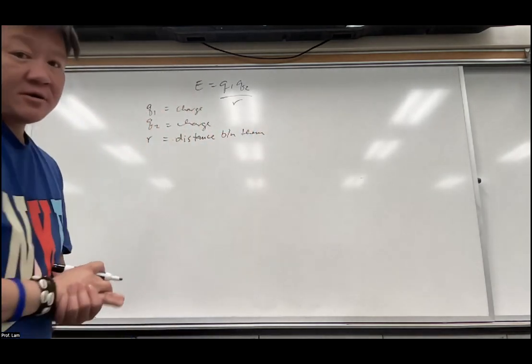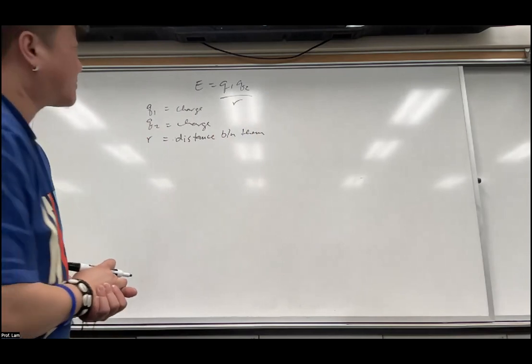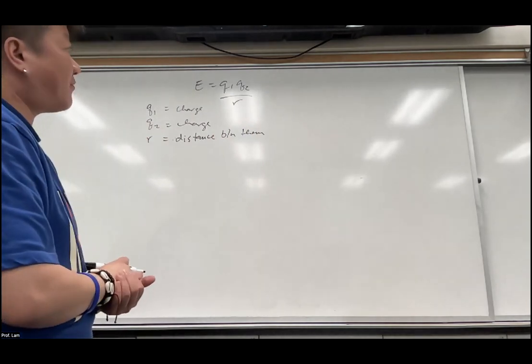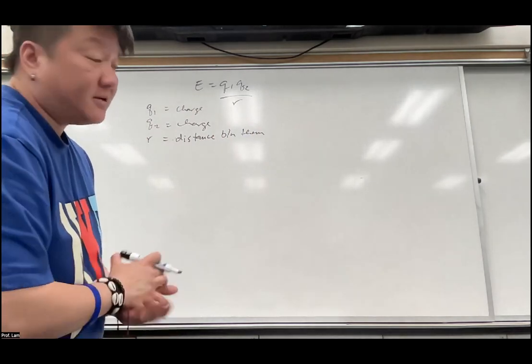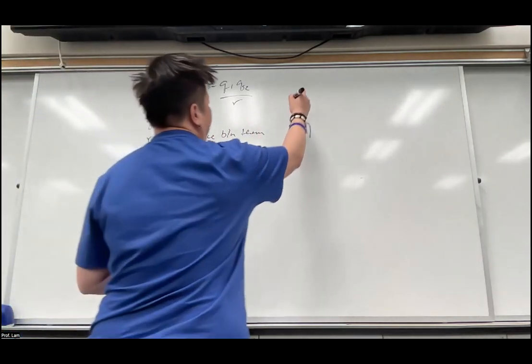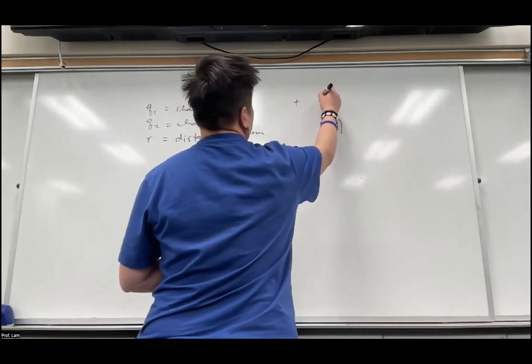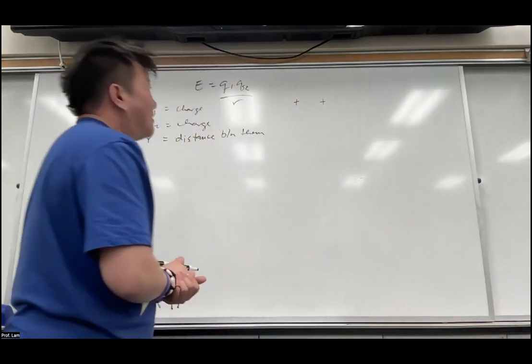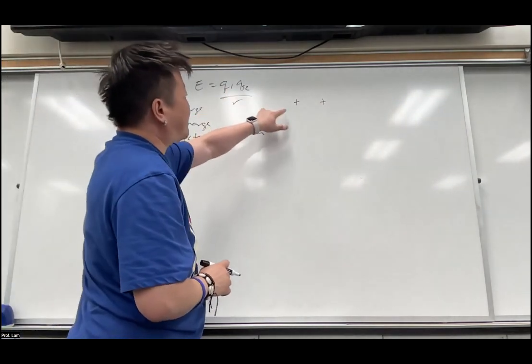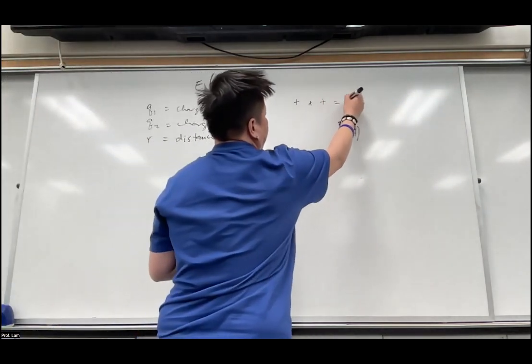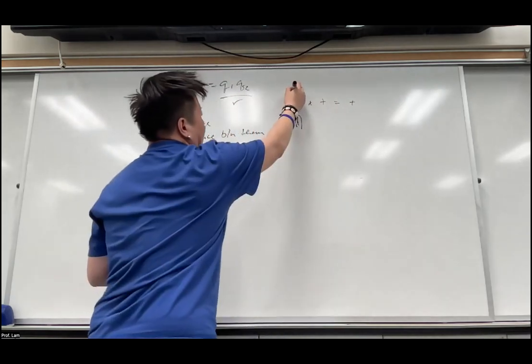Okay, so let's see how Coulomb's law works. If Q1 and Q2 are of the same sign, so let's say that Q1 is positive and Q2 is also positive. So what that means is Q1 times Q2 is also positive, right?